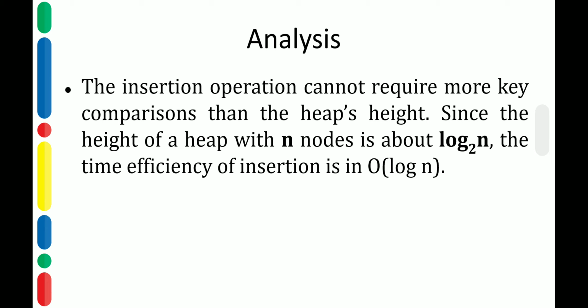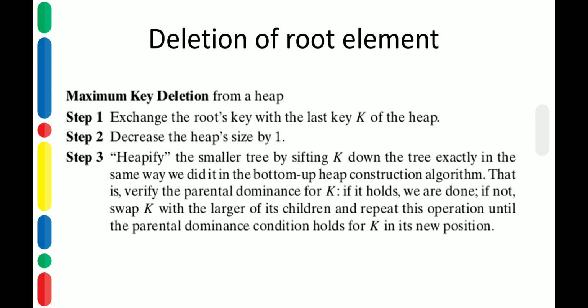Therefore, the height of a heap with n nodes will be log n to the base 2, and hence the efficiency of the insertion is in log n. If there are n nodes in your heap and you want to insert a new element, you would require at most log n to the base 2 comparisons. That is the analysis part.